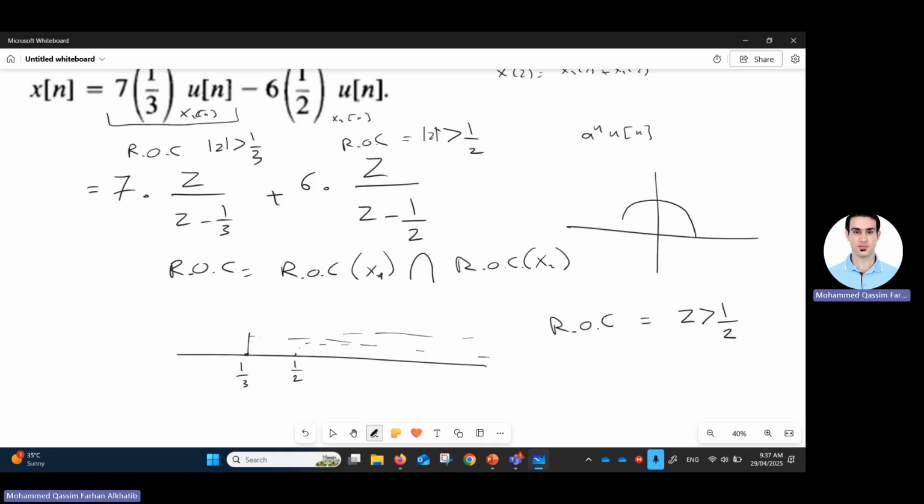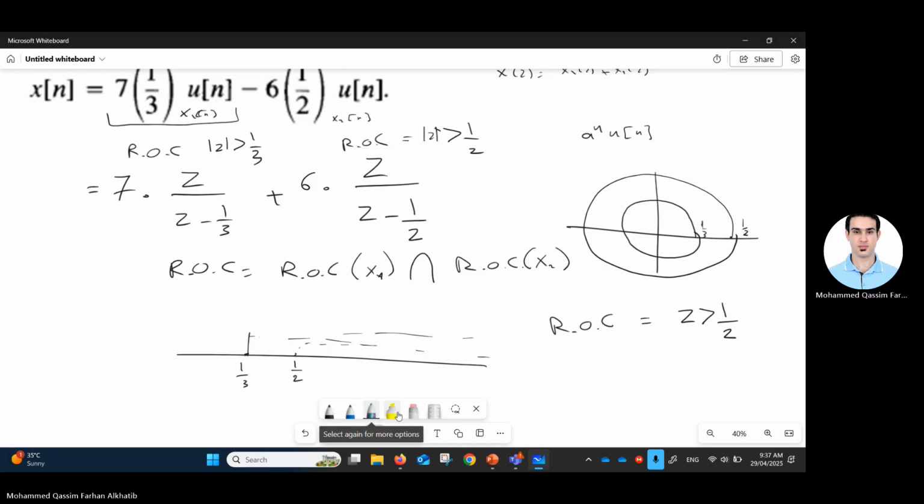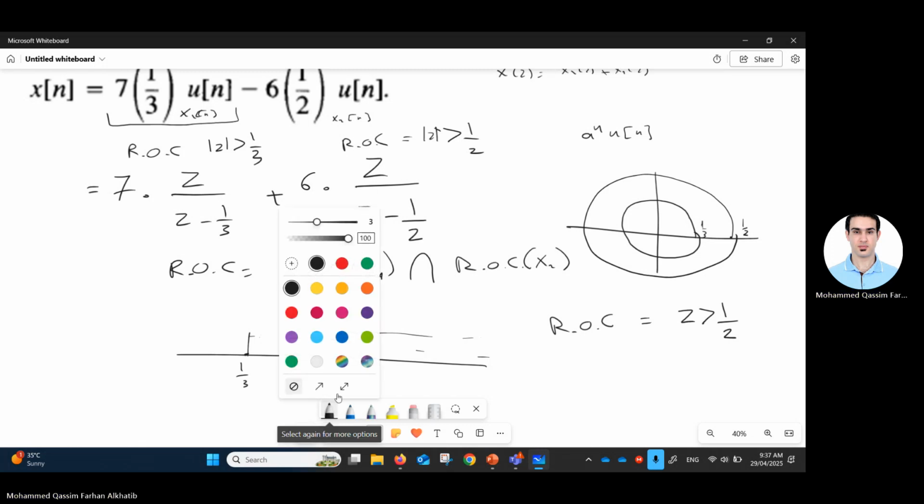Or if you want to do it with the unit circle concept, this is at 1 over 3 and the other one at 1 over 2. So let's draw with different colors. The first one, this is the region of convergence, 1 over 3.